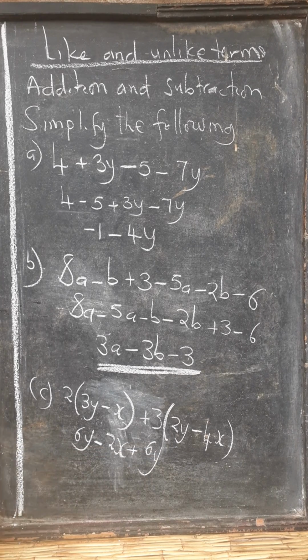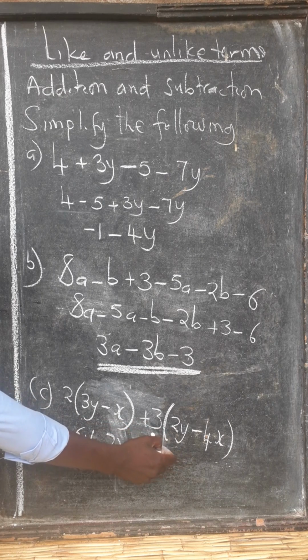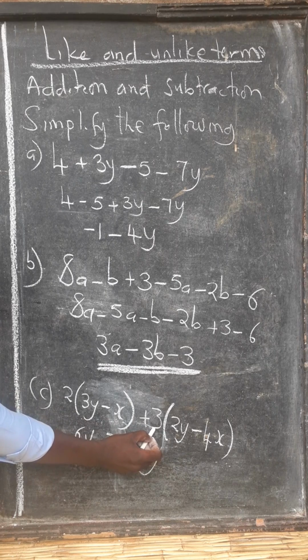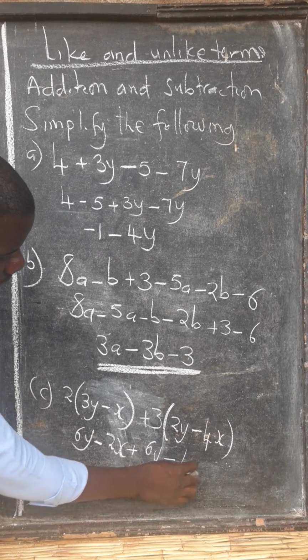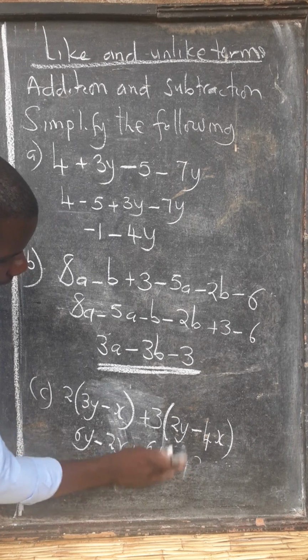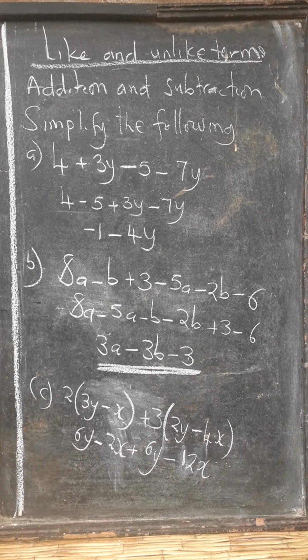This sign again is not going to change this one. So we just multiply this 3 by 4x there. We're going to have minus 12x.